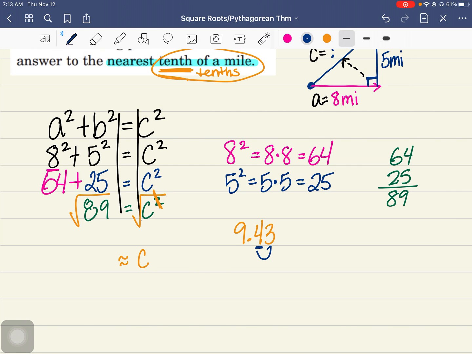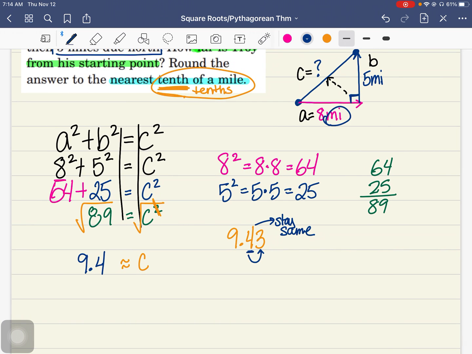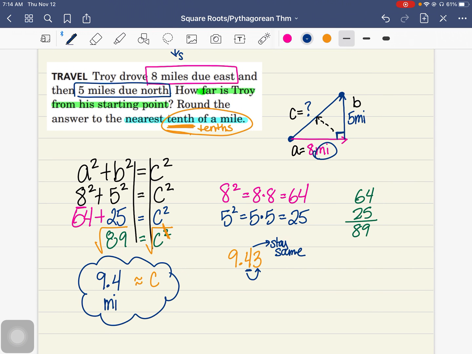And we're going to look next door to the 3. No, that's smaller than 5. So this is going to stay the same. So this is about 9.4, and we're measuring in miles. So you can write it like that. That would be fine. So what we have here is Troy is about 9.4 miles from where he started from.